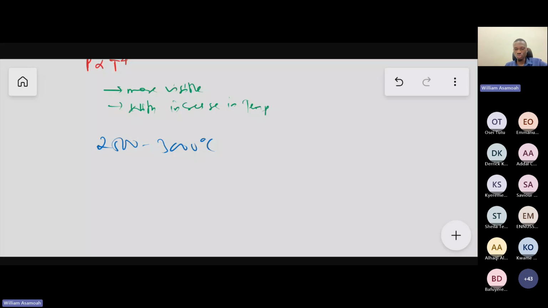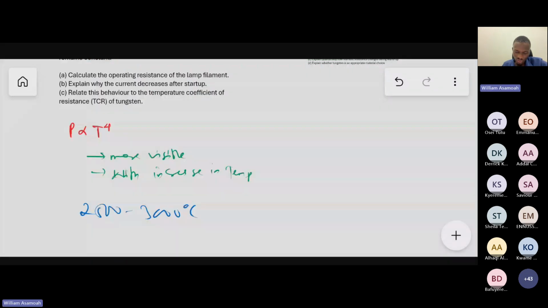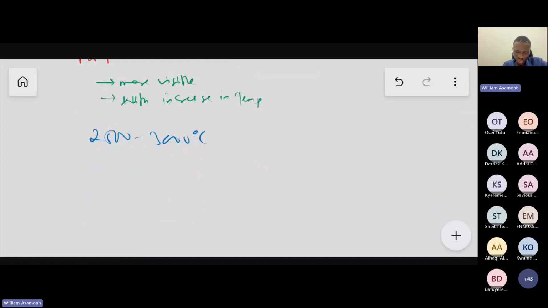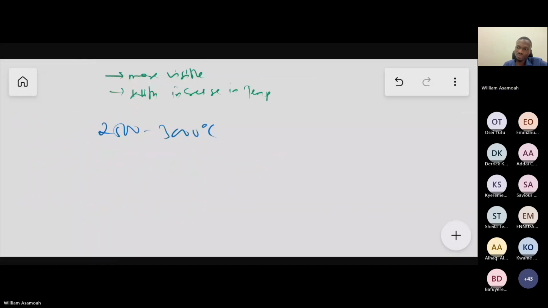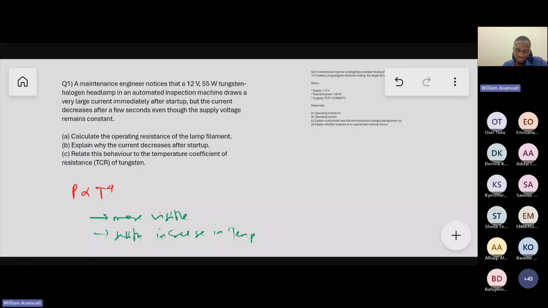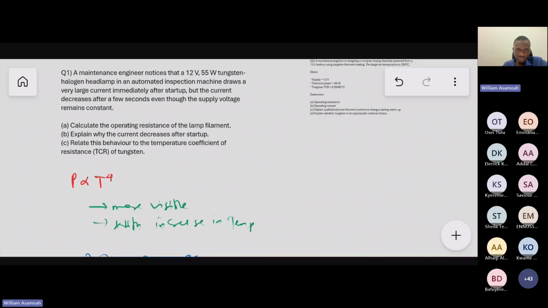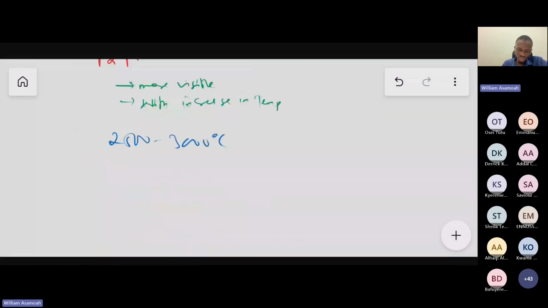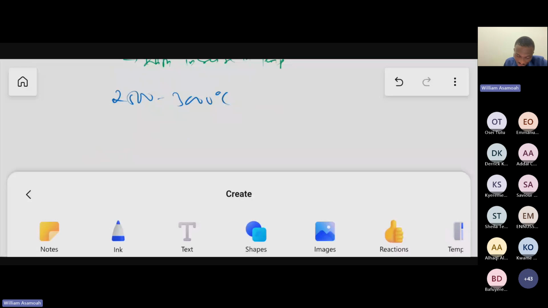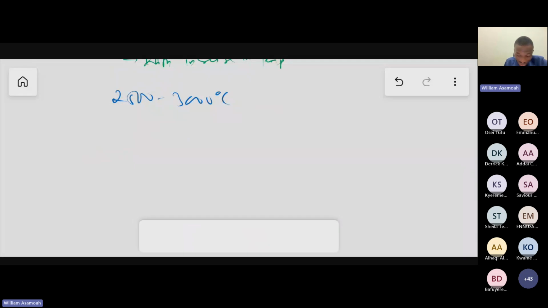So when I give you this question, or when we have a tungsten filament, now remember that we said at cold temperatures resistance is lower. At hot temperatures resistance increases. So if they tell us that it is a 55 watts tungsten, we can start with the solution. And just like how you did in senior high school, in fact, that is always how I prefer my solutions to be presented to me.